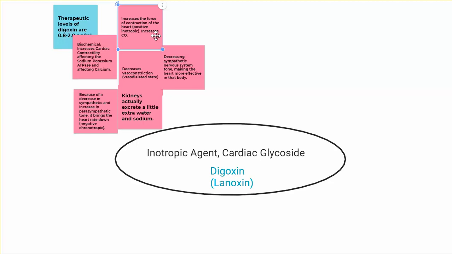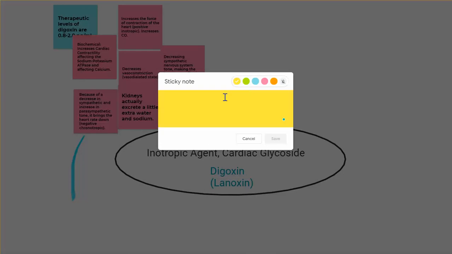Okay? What it does lower, though, and I want you to make this connection, what it does lower is heart rate. So it can cause bradycardia. Okay? And so I'm going to save that.